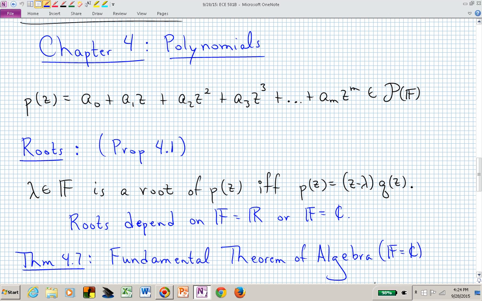And our operators, depending on what field we are playing in, whether the field of real numbers or the field of complex numbers, that determines what kind of eigenvalues we might have. We might be playing in the field of complex numbers and have all real eigenvalues for that operator. That's okay.